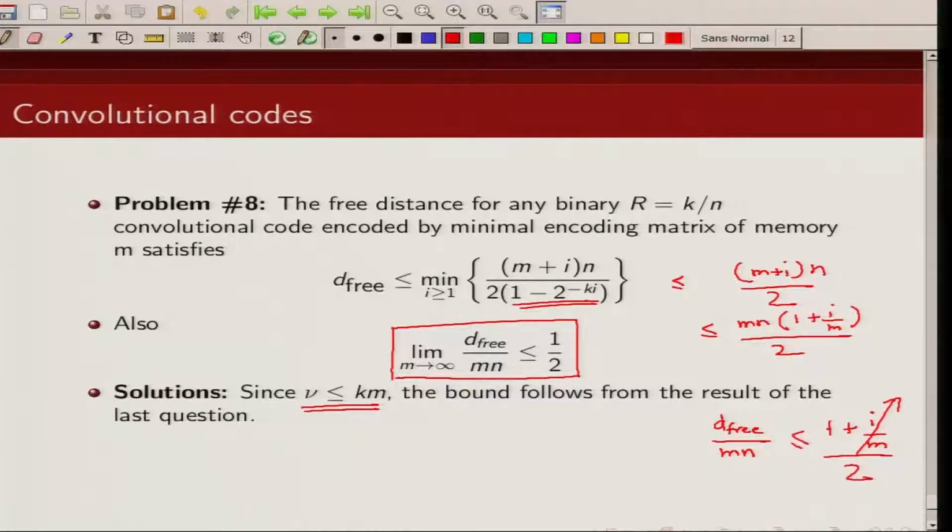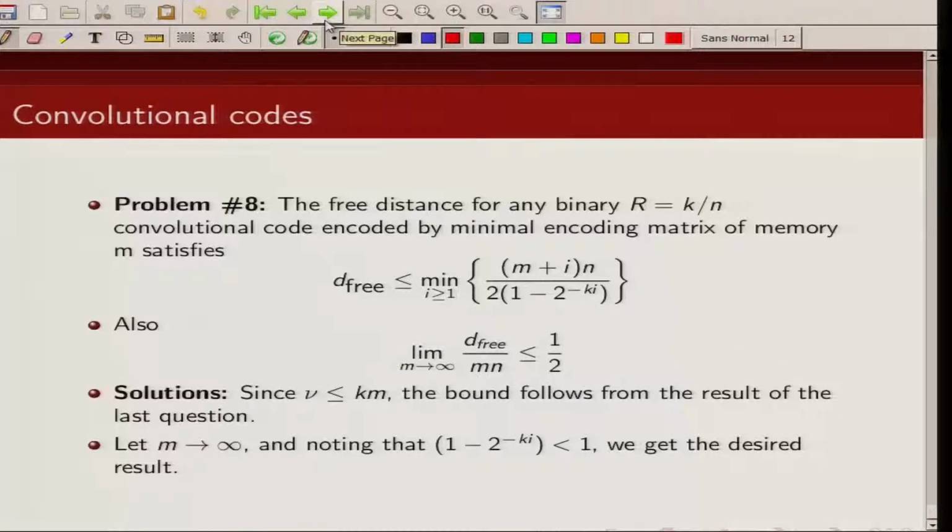So, that will be upper bounded by half. So, that is the proof. So, you let m go to infinity, and since this is less than 1, what you will get is this. Thank you.